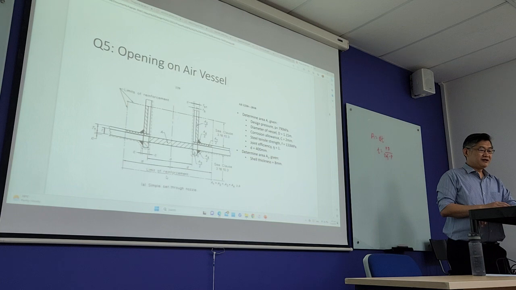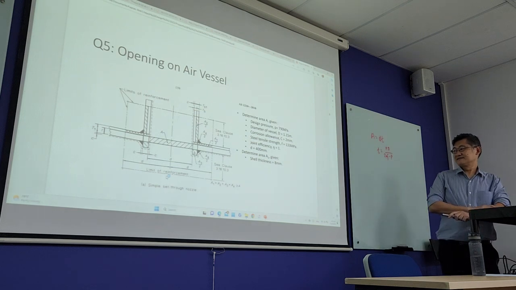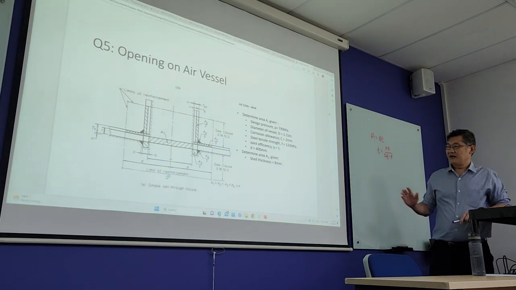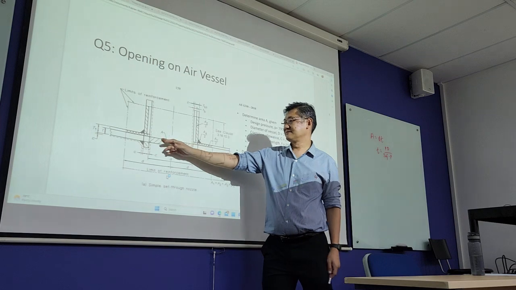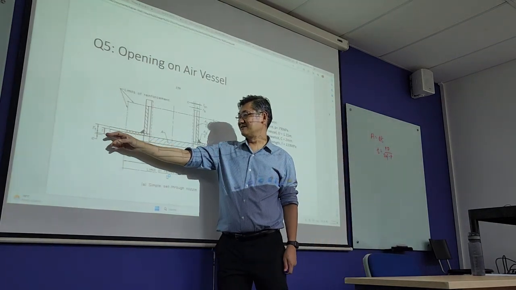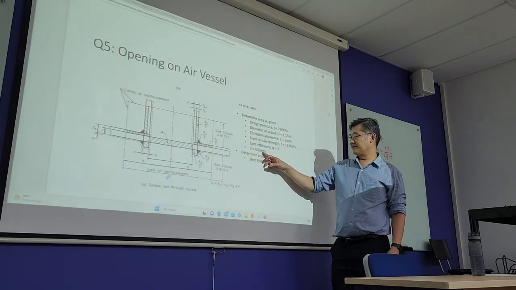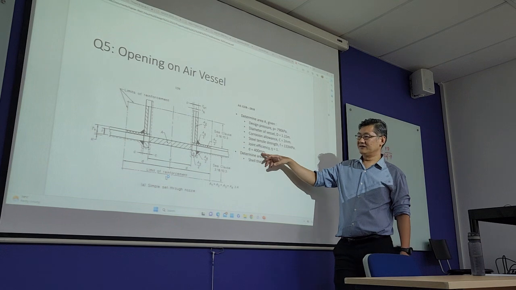So what is your A value? What do you think? The cutaway area. So you can say the cutaway area is T times the diameter, which is 400 mm, 0.4 m.